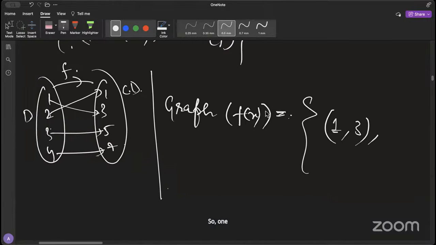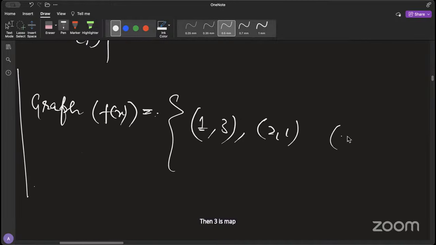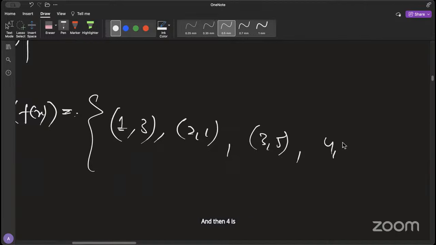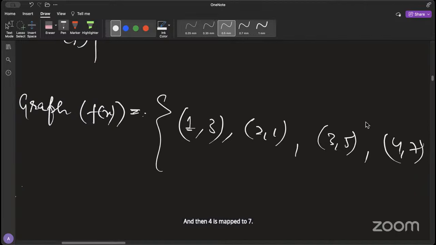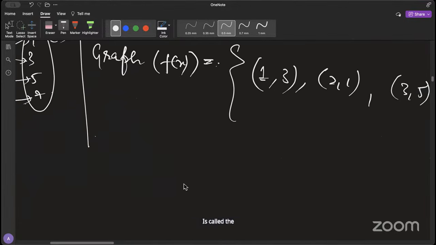Then the next will be (2, 1). Then 3 is mapped to 5, so (3, 5). And then 4 is mapped to 7. So the collection of these points is called the graph of f(x).